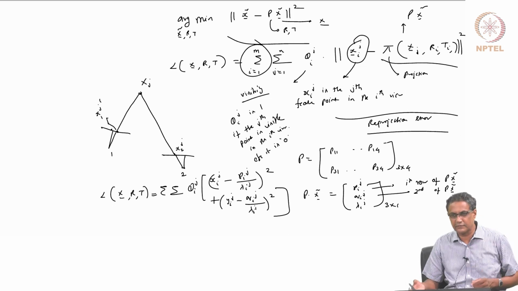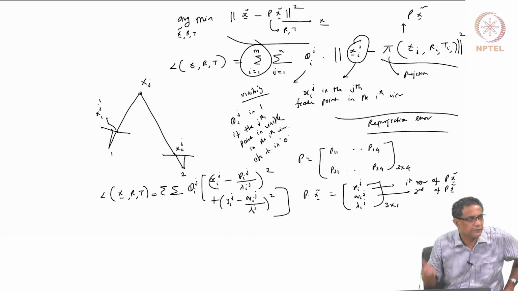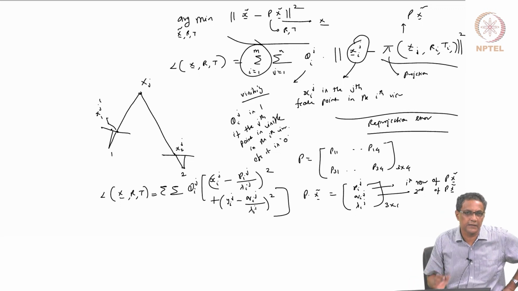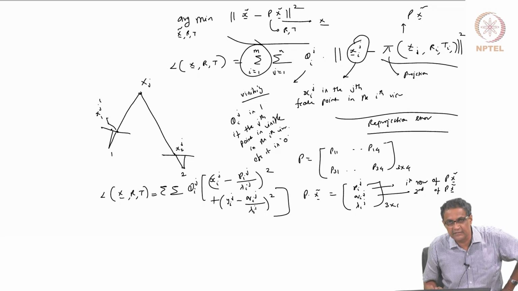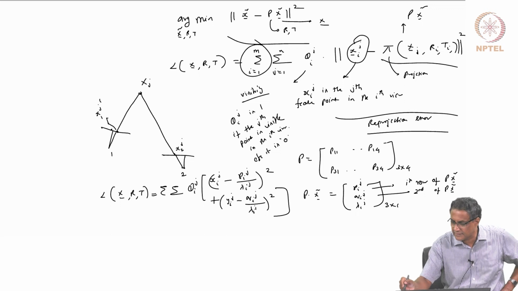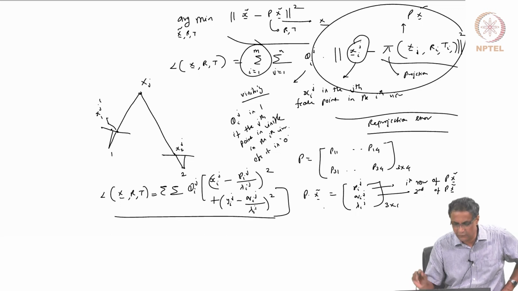Lambda ij is your third element. You have to scale the first and second by the third to get the actual coordinate. So the actual image coordinate is xij, yij, and therefore this can be further simplified into a form like that.